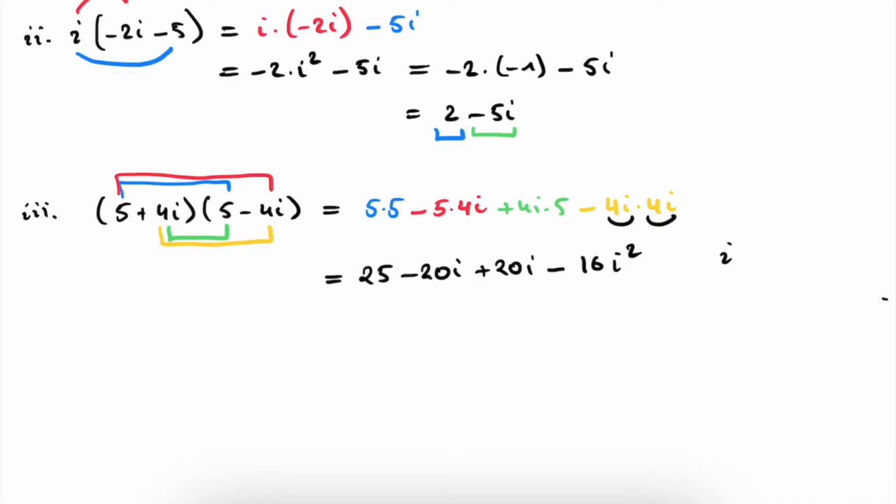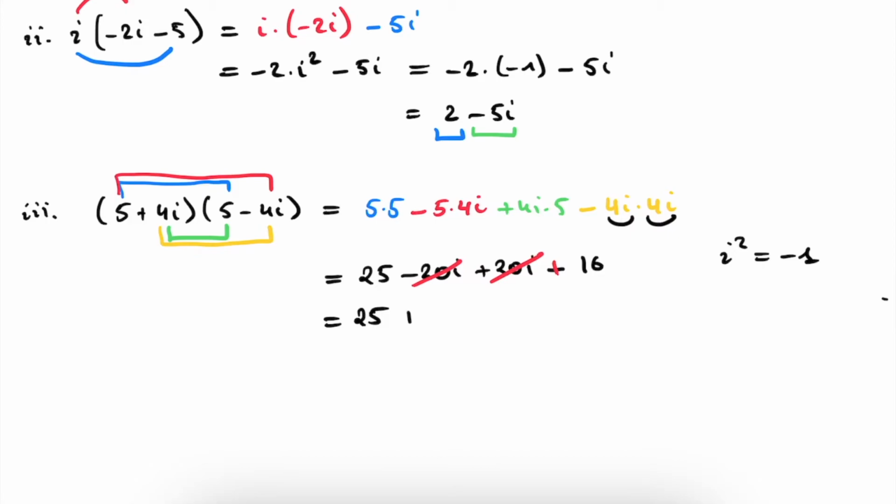But of course, I squared is equal to minus 1. So this I squared can be replaced with minus 1, and the minus 1 makes from this minus sign a plus sign. So we see that we get 25, this minus 20i cancels with this plus 20i, and the only thing that is left is this plus 16.